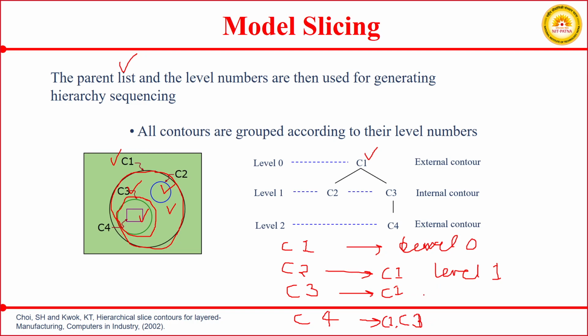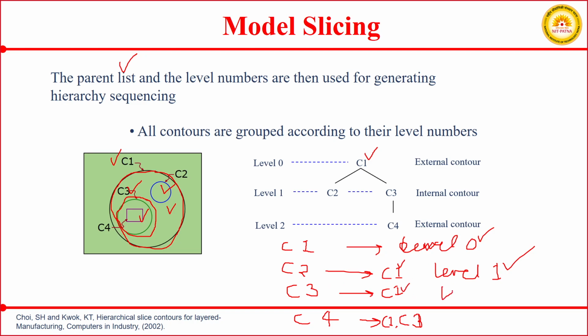And what we are supposed to do is increase the level only when we are using any contour with the previous level. So what is the level of C1? Level of C1 is 0. Then we have to increase the level, that is level 1. Again for C3, what is the level of parent? It is 0.